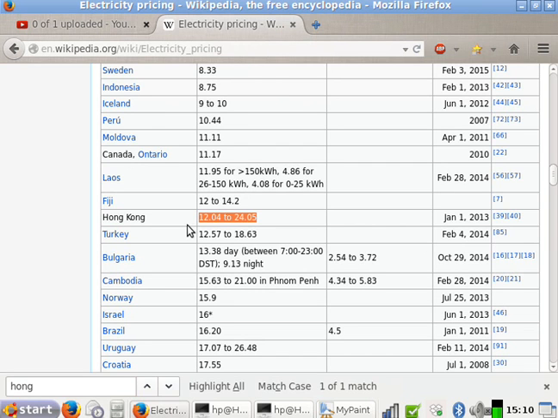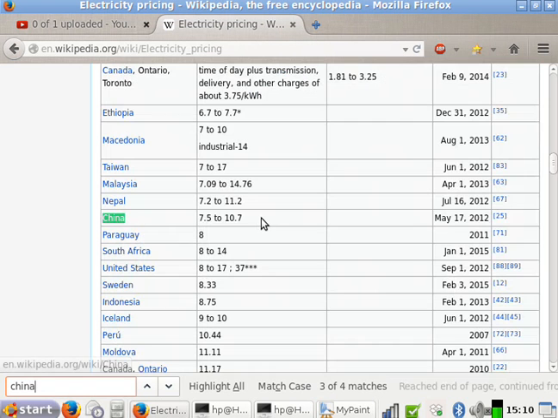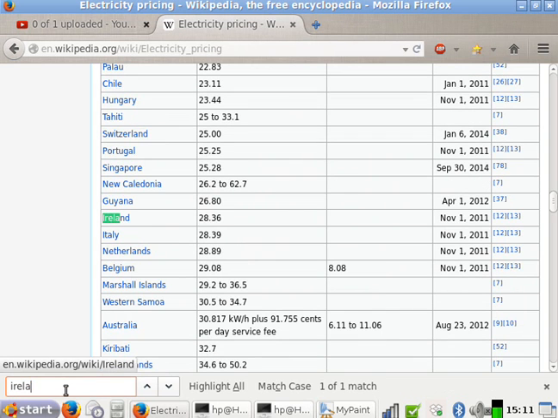What other countries do we have? I suppose we have China, which is not so expensive. 7.5 to 10 cents per unit. And then Ireland, let's find out what Ireland is. That would be about 25 euro cent. So yeah, 28 US cent.